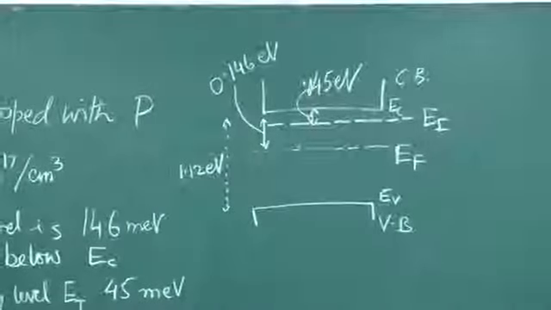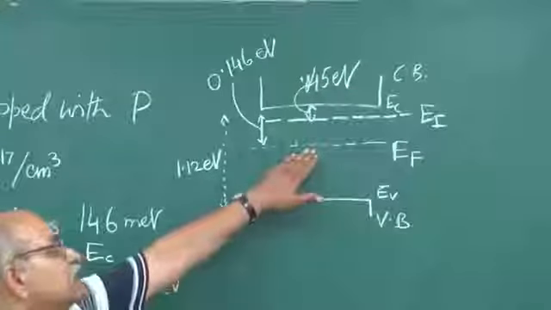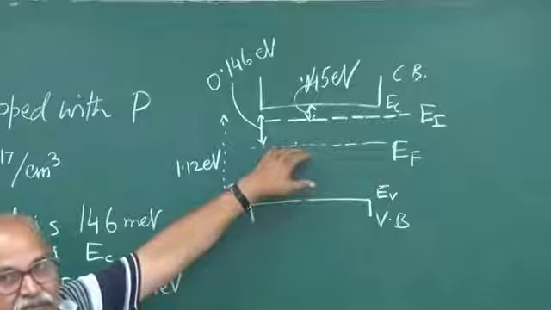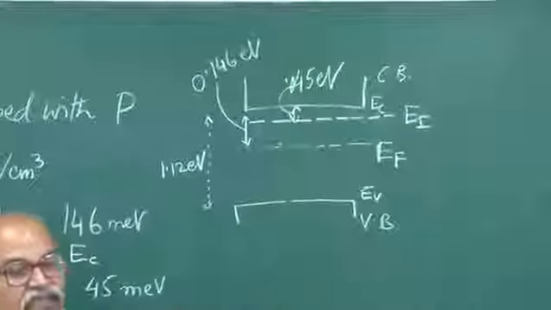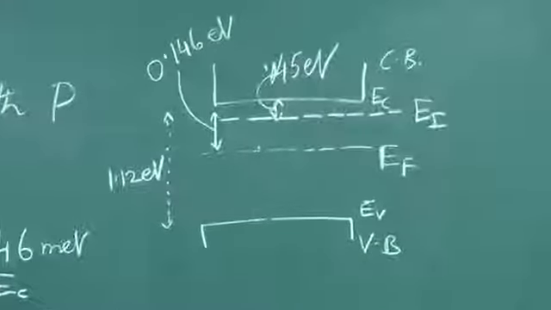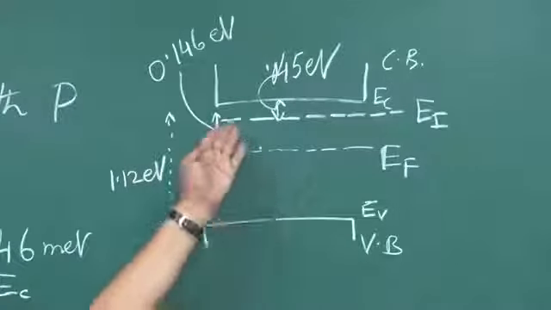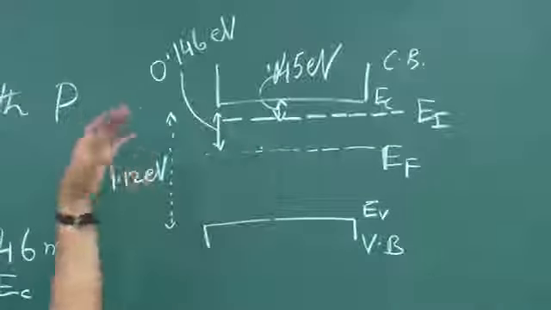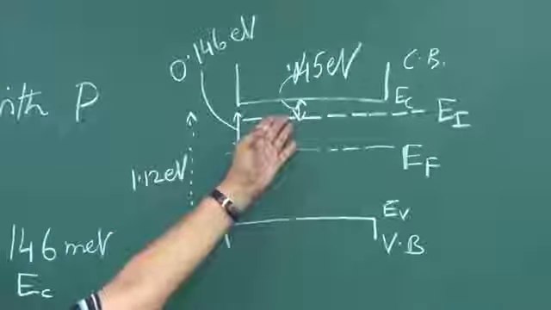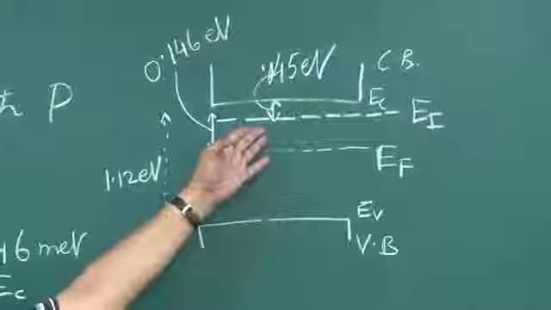I hope you remember, for an intrinsic semiconductor, the Fermi level is midway between EC and EV. But if you dope a donor impurity like phosphorus to make it n-type, this Fermi energy goes up. So it's not at half, it has gone up. And when you put these impurities, impurity levels are created, a few tens of meV, as I had been talking about.